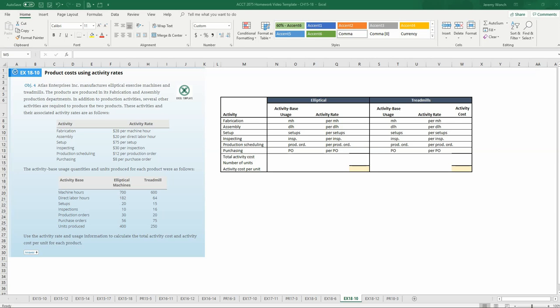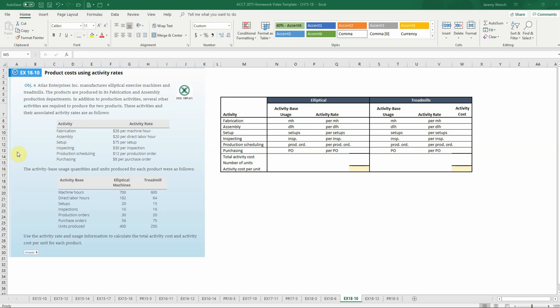So we can understand better how much cost a product should be allocated based on very specific activities that it takes to create that product. Anytime you can have more information on what a product costs, you're going to make better decisions.